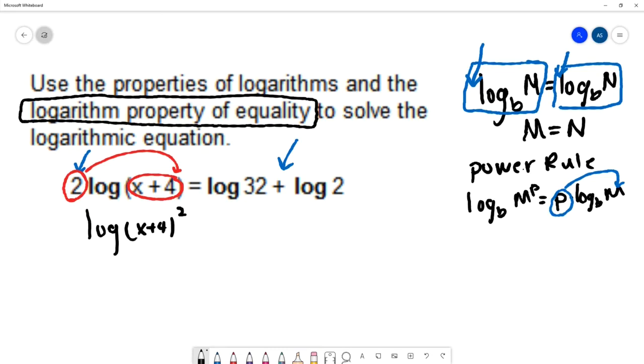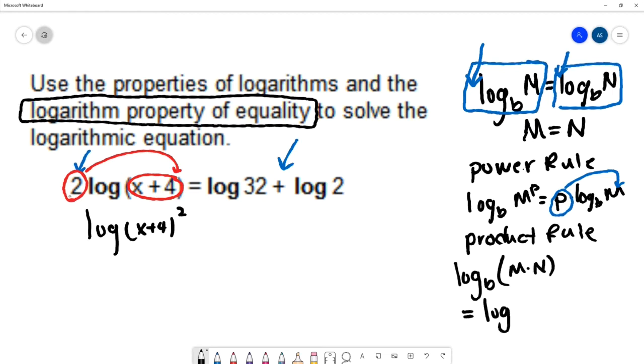On the right hand side, that plus sign indicates that we're going to use the product rule for logarithms. And the product rule for logarithms is when we have log base b of m times n. That's equal to log base b of m plus log base b of n.